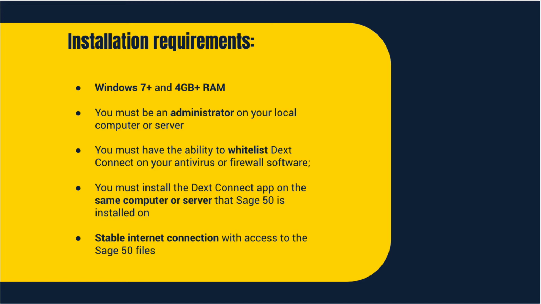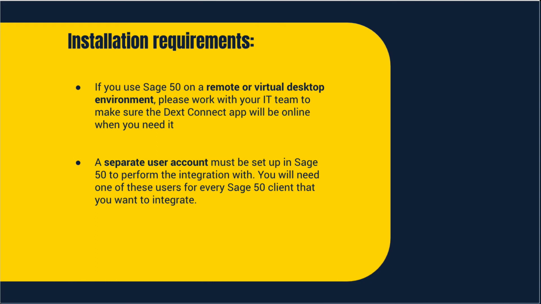You must install the Dext Connect app on the same computer or server that Sage 50 is installed on, and the install location must have a stable internet connection with access to the Sage 50 files when you want to use Dext Prepare. If you use Sage 50 on a remote or virtual desktop environment, please work with your IT team to make sure the Dext Connect app will be online when you need it. You must also have a separate user account set up in Sage 50 to perform the integration with. You'll need one of these users for every Sage 50 client that you want to integrate.